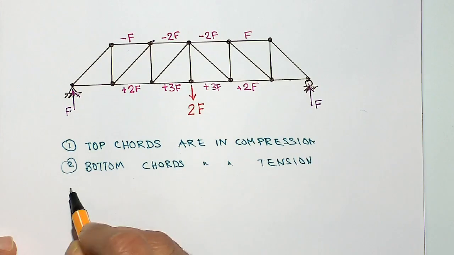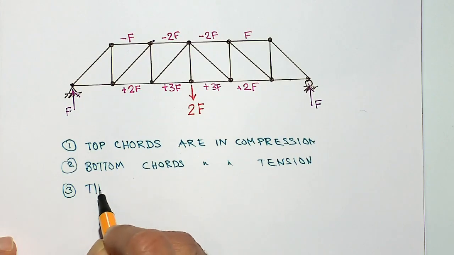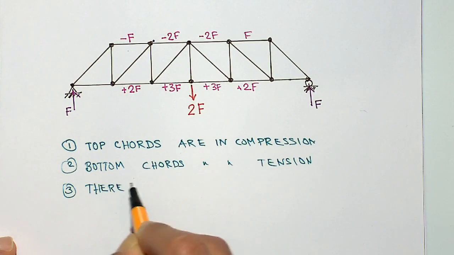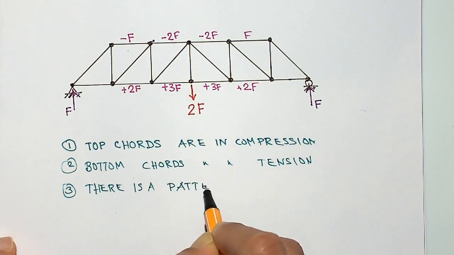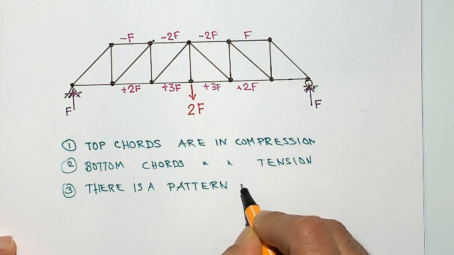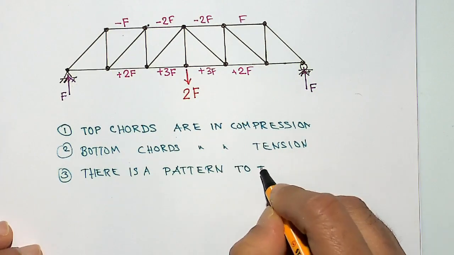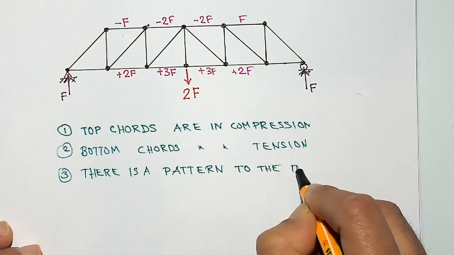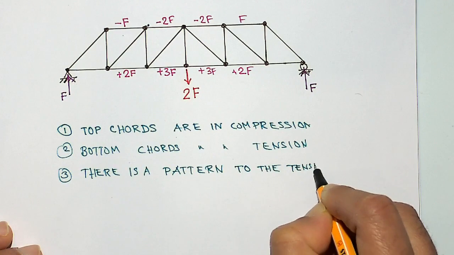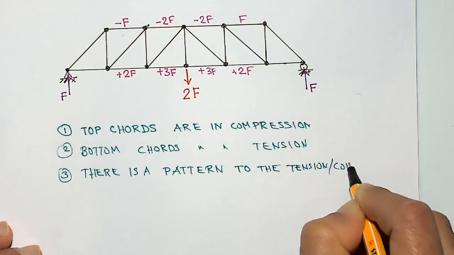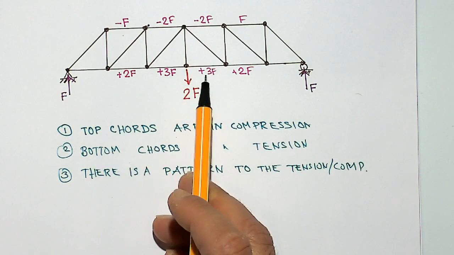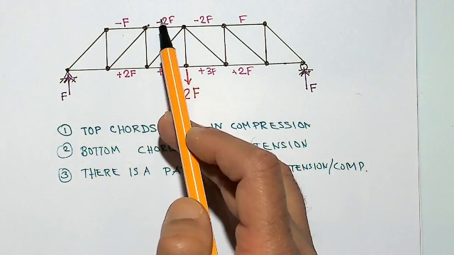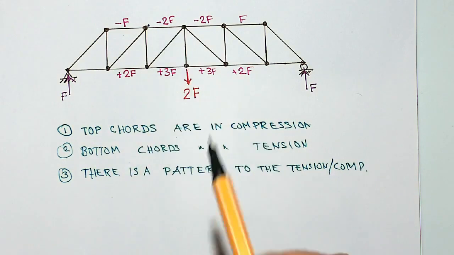And also third thing is there is a pattern. There is a pattern to the amount of force, to the overall tension and compression. And what is that pattern? So the pattern is as you move towards the center, the absolute value is increasing.